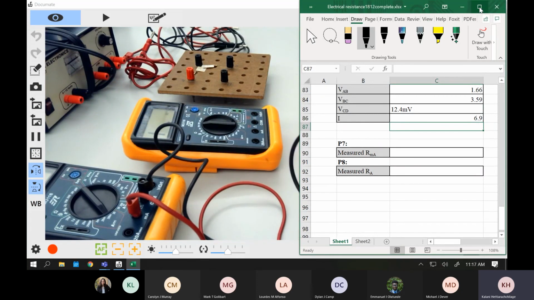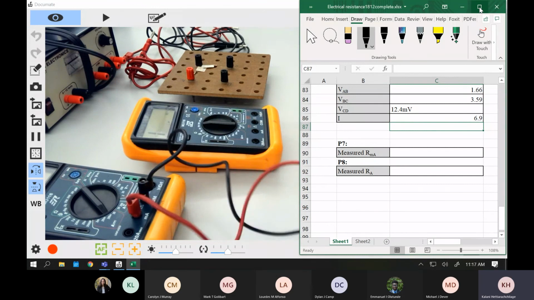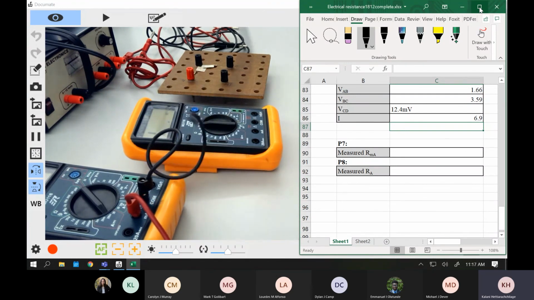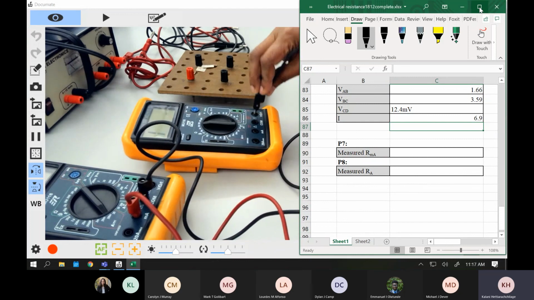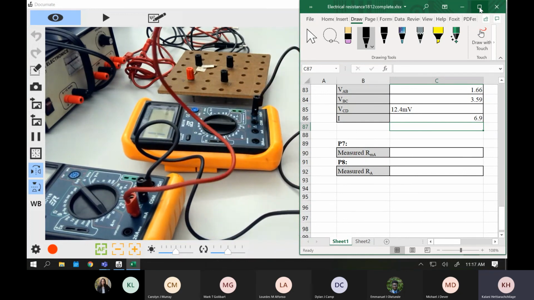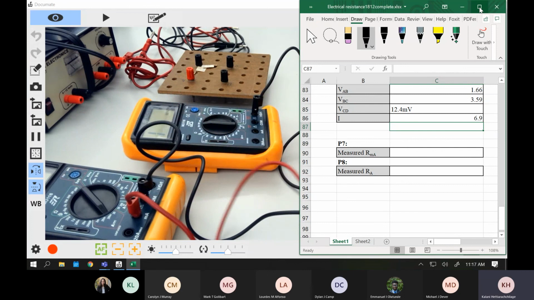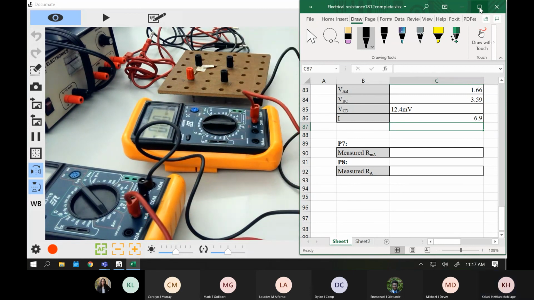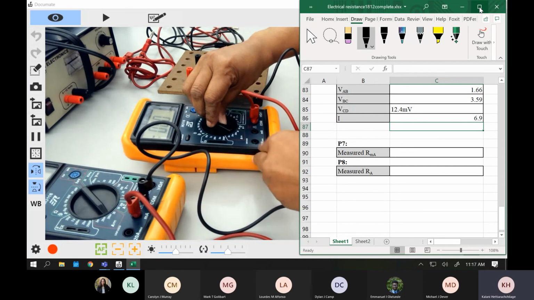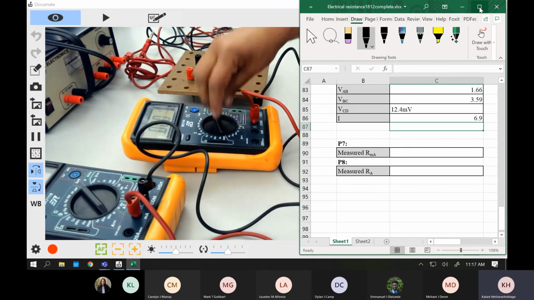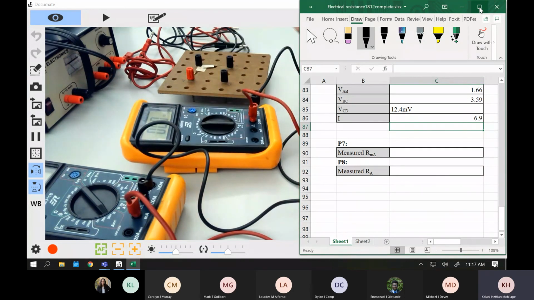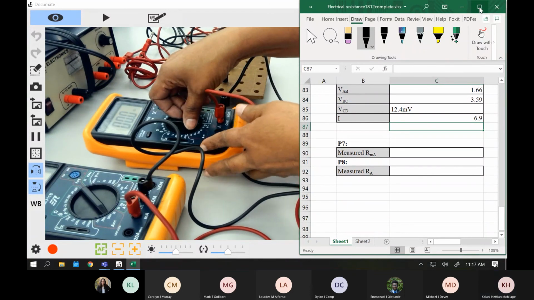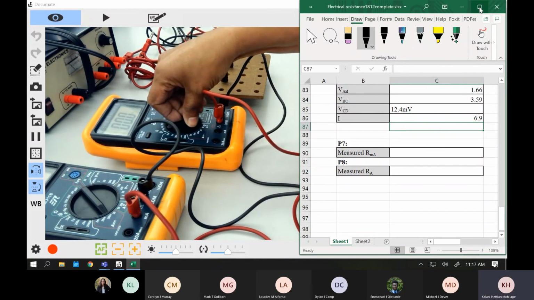So now you're going to take the black wire, that means your COM wire, and connect that into the volt on the voltmeter. And then you're going to take the milliamps wire, that's the red wire, to the COM. So we're basically going to measure the internal resistance, that means you should have the resistance in ohms on your voltmeter.